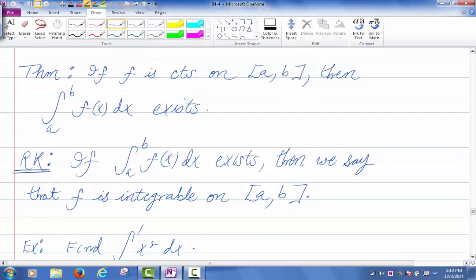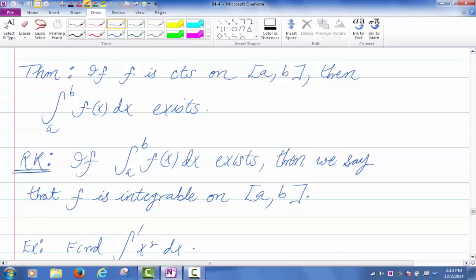So the definite integral does not exist for all functions. There are functions for which the definite integral doesn't exist, but there are functions for which the definite integral does exist. And what functions are they? Well, one class of functions is the continuous functions.